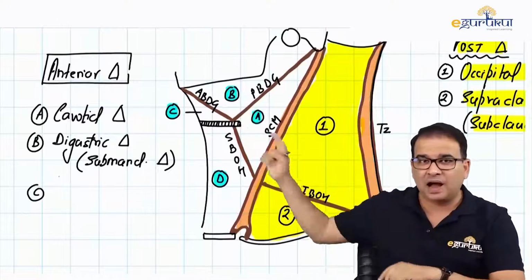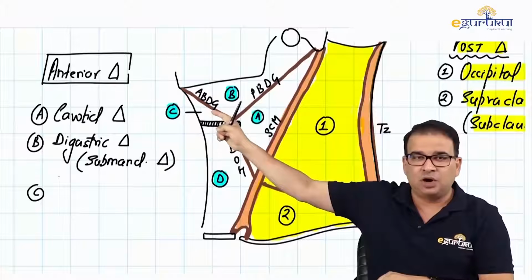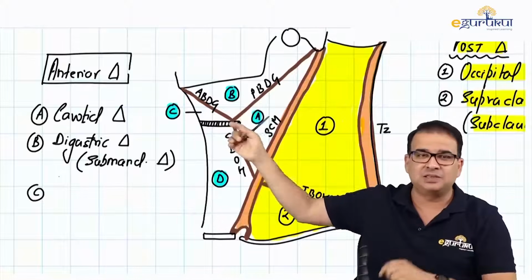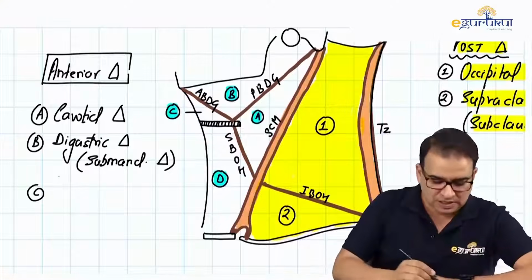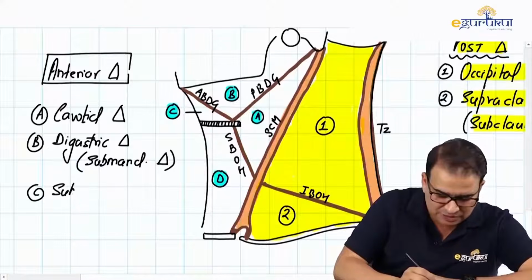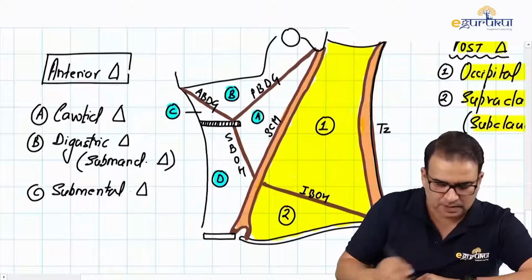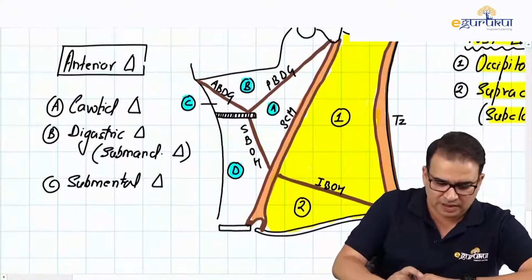So you are just looking at a half of this triangle, and this triangle is called what? Submental triangle. It is below the mental protuberance.